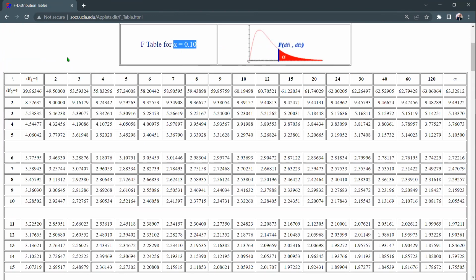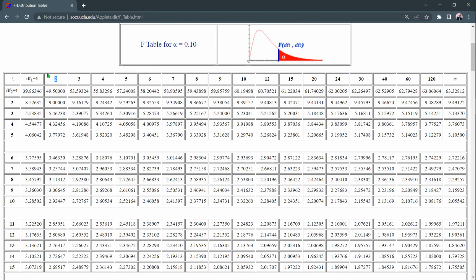So for us, degree of freedom 1 will be 2. That means what is actually your degree of freedom 1? Degree of freedom 1 is actually your degree of freedom for SST between the samples.